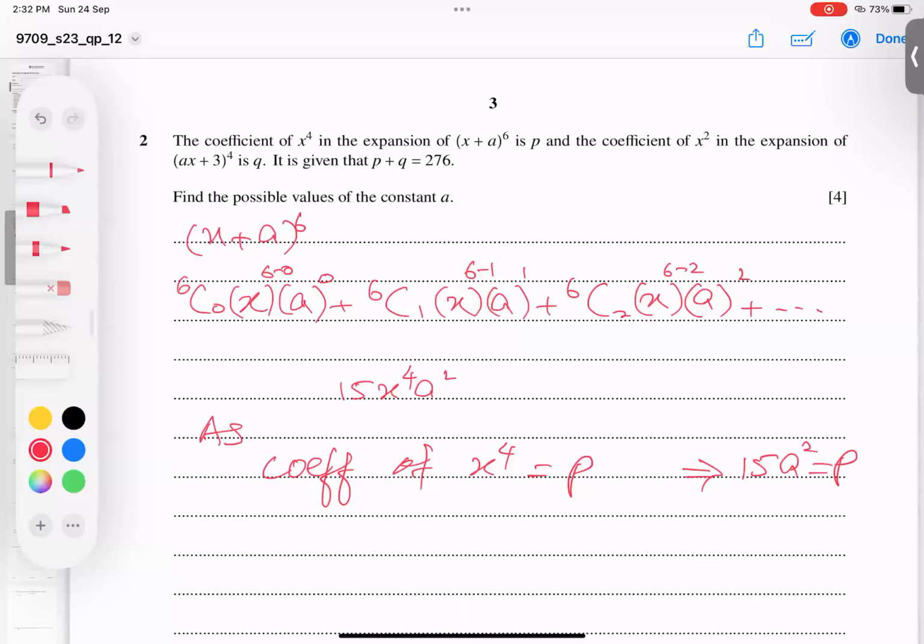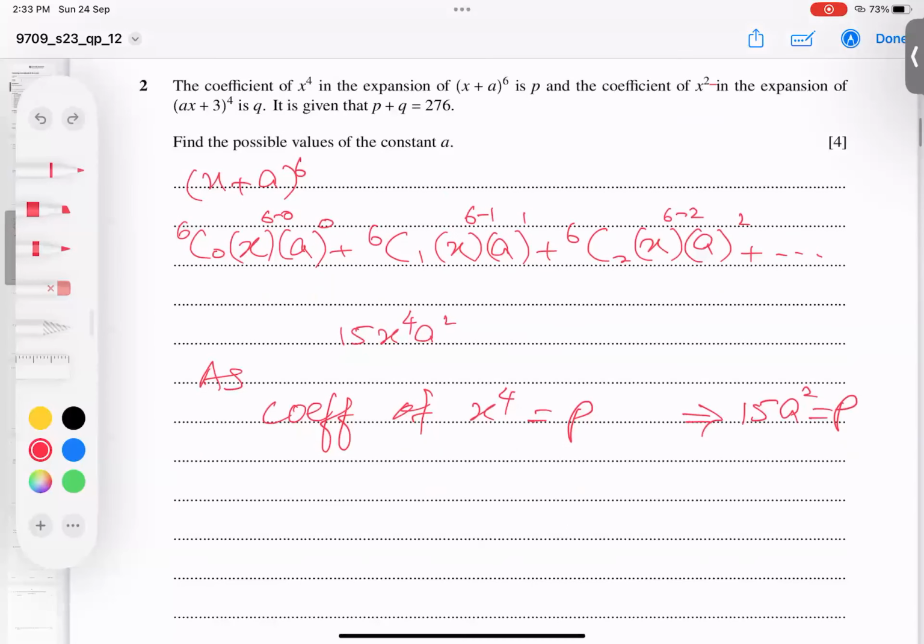And the same way I will go for the next part. And what is the next part? If we can see the x squared coefficient in this expansion. So students, I have to go for the x squared coefficient in the expansion of the second binomial. So have a look, students, how we can get it.